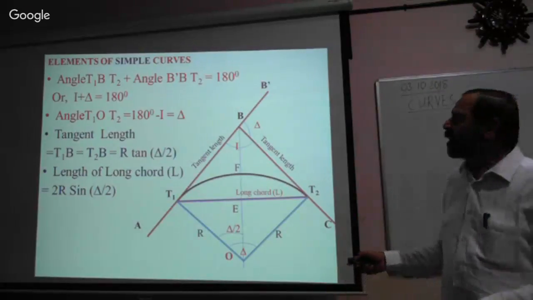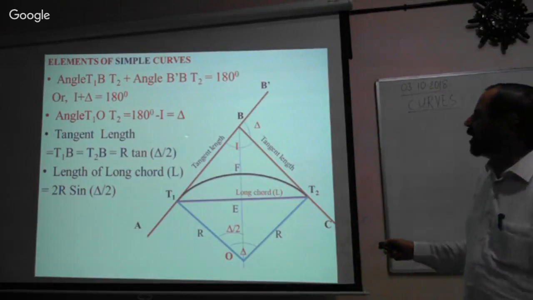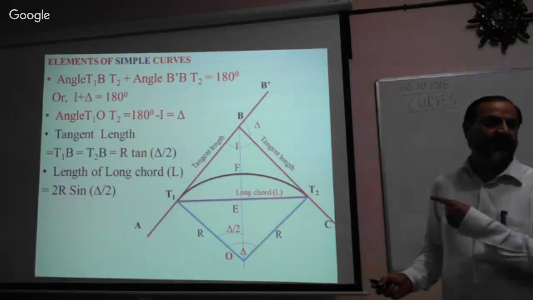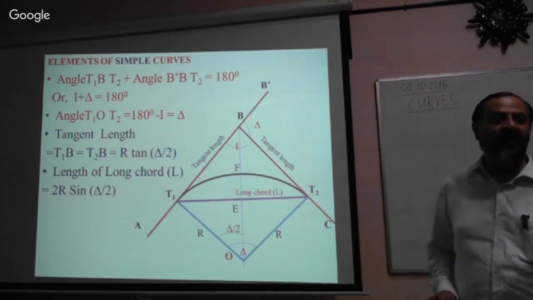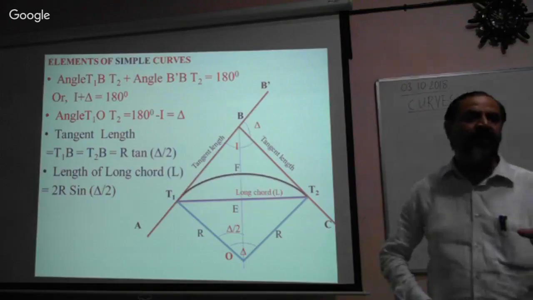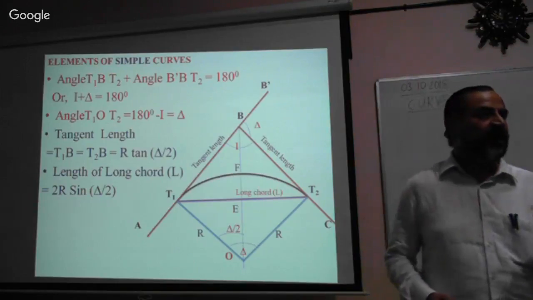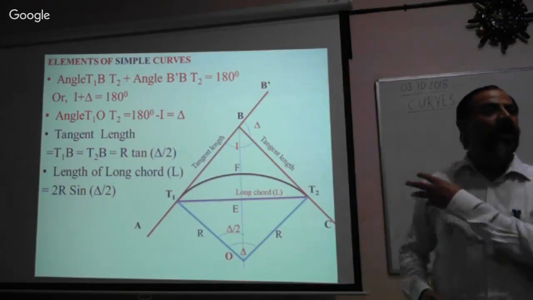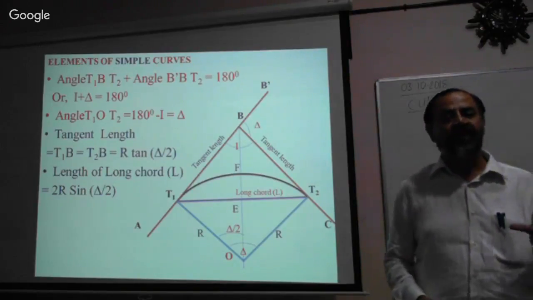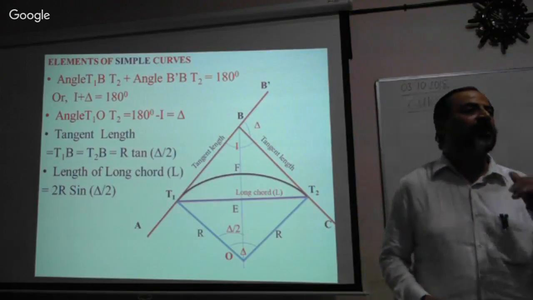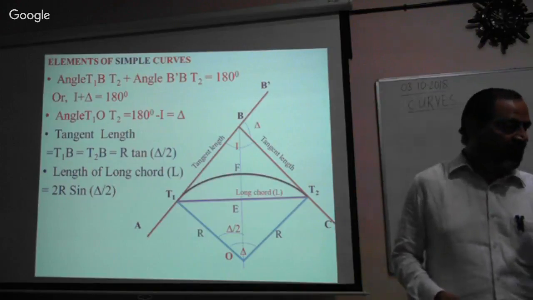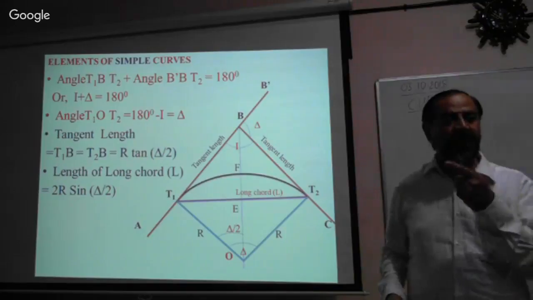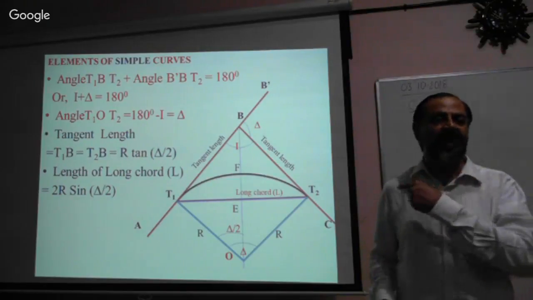Sometimes this will be asked in the examination: what are the elements of a simple curve? Sometimes it will be asked for 7 marks, sometimes for 8 marks along with one small another question. Therefore one should understand this.